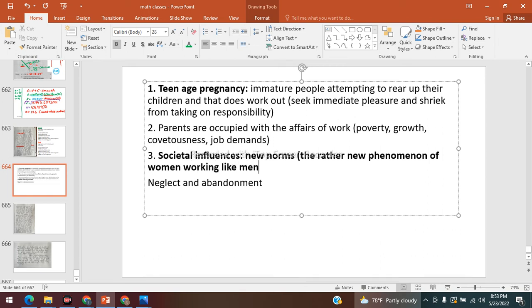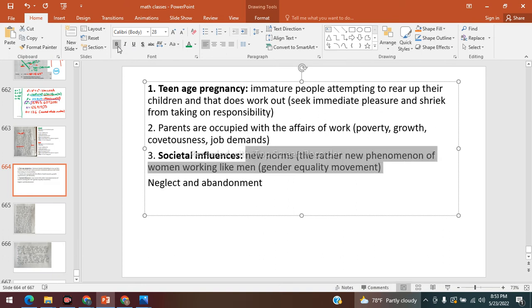What I mean by that is, we could label that under the gender equality movement. That is being a big problem because who would normally be, in the old days, the main caretakers of the children, right?